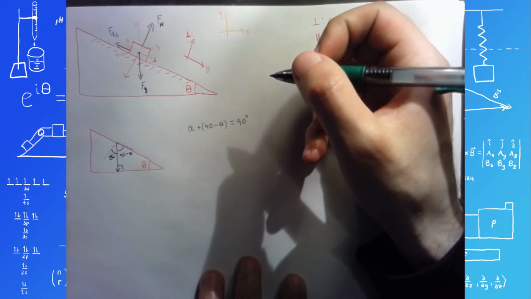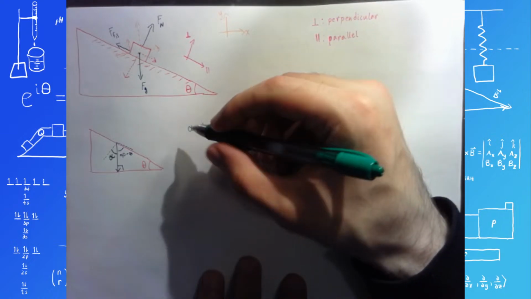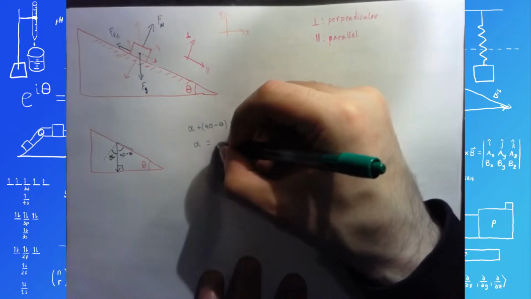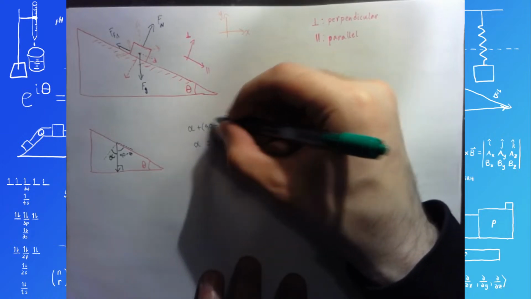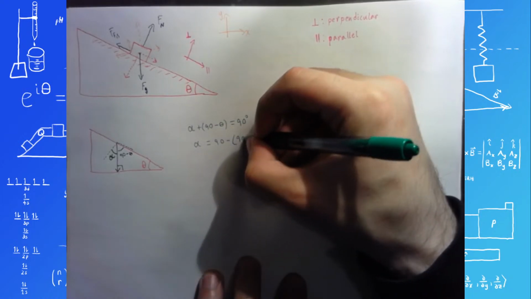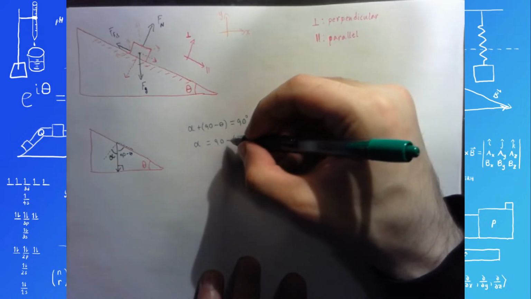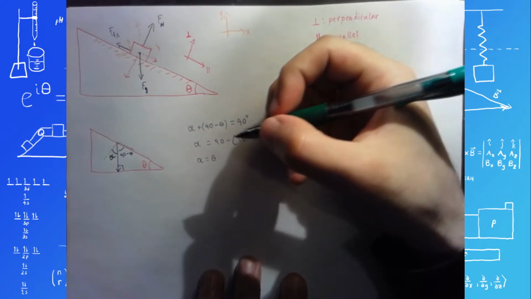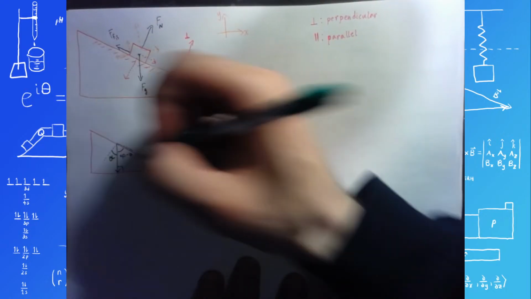And if I go ahead and solve for alpha, then alpha equals 90 minus, I'm going to subtract all of that 90 minus theta. 90 minus 90 cancels out, and then minus negative theta. Alpha is equal to theta. So this angle is actually theta again.